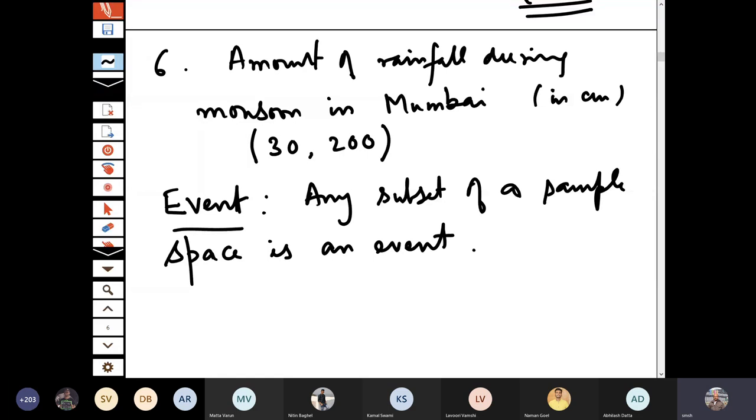If I am considering a finite number of outcomes, say n in number, then the total number of subsets of a set containing n elements is 2 to the power n.